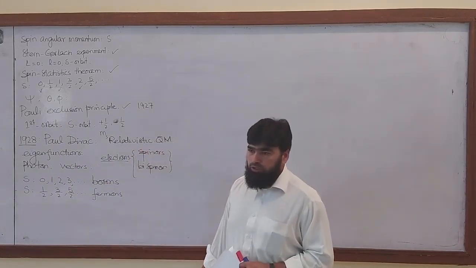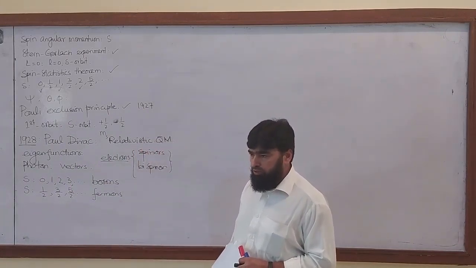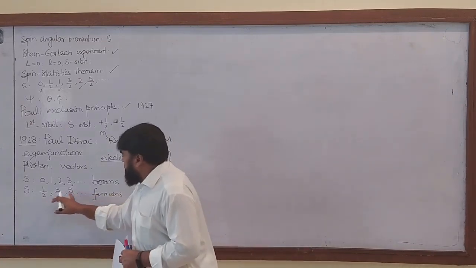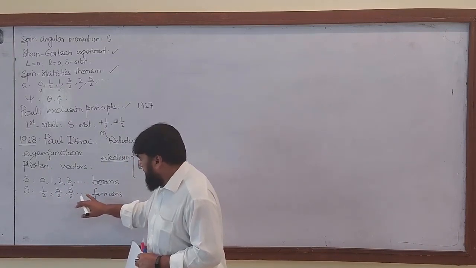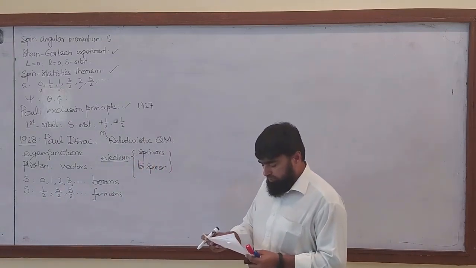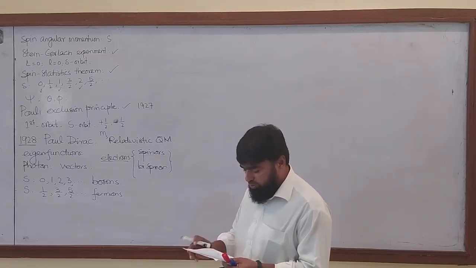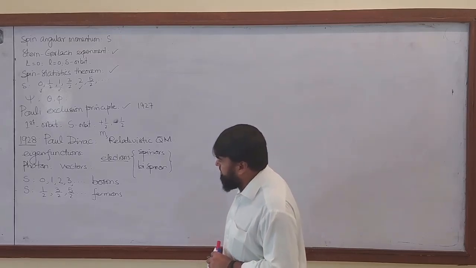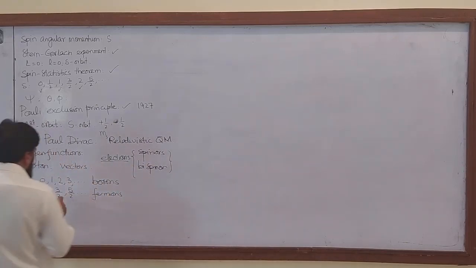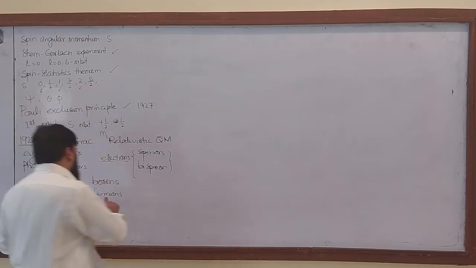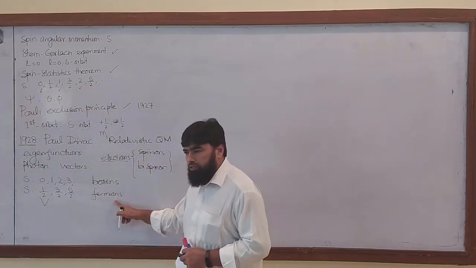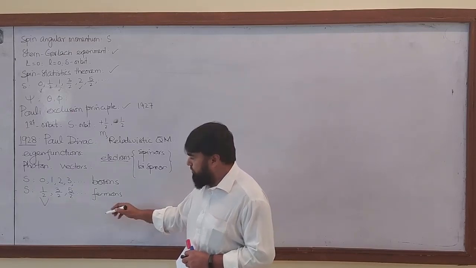Electrons and protons, they are fermions. Quarks are fermions. Okay, so bosons and fermions. When we talk about the elementary particles, so far we know only about the spin-half fermions, and spin-half fermions are electrons and protons.